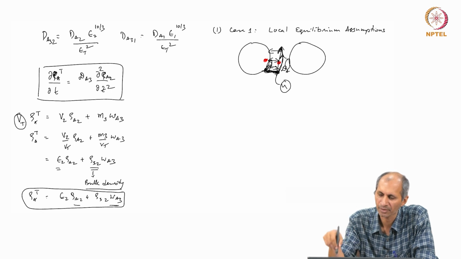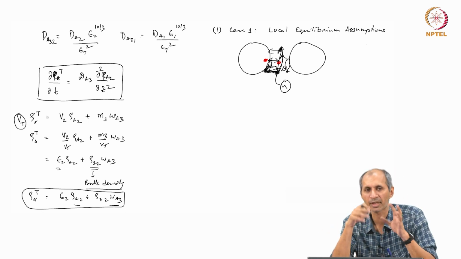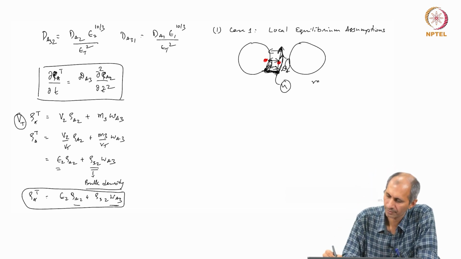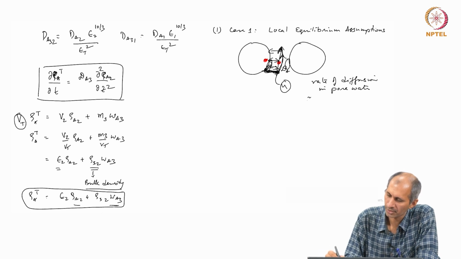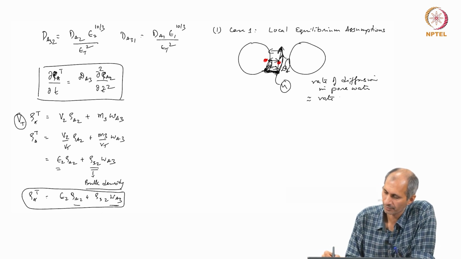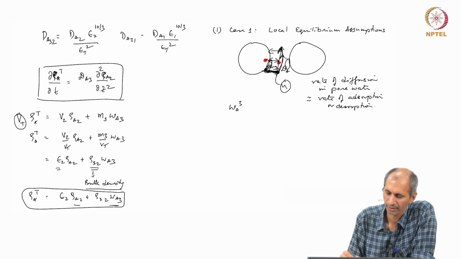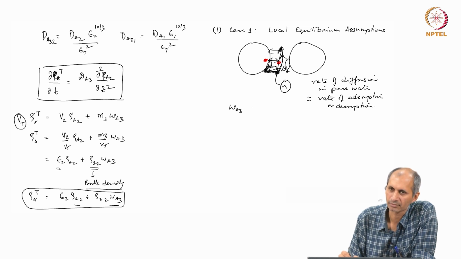But right now I can assume local equilibrium at every point, because the process is so slow: the rate of diffusion in pore water is of the same order of magnitude as the rate of adsorption or desorption. What does this mean? This means that W_A3 and rho A2 are now connected using the partition constant.